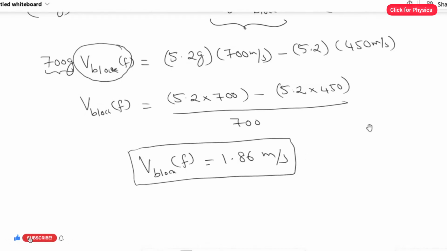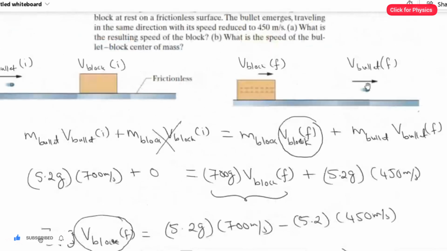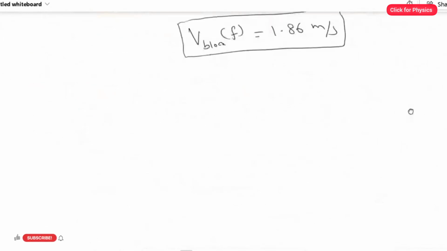In the second part, we have to find the center of mass speed of the block bullet system. We use the same principle, but this time it is a little different. Listen carefully.